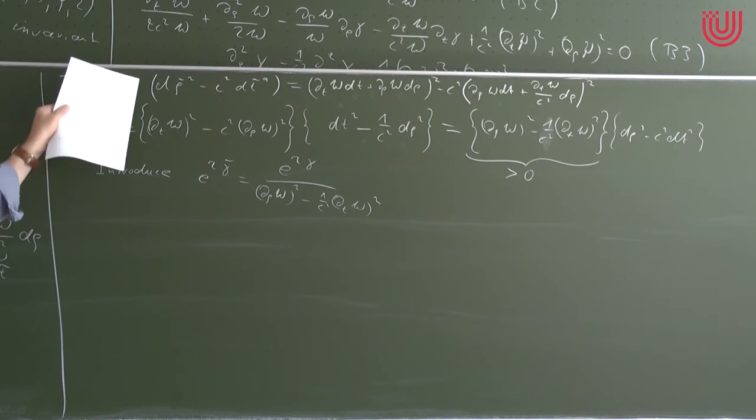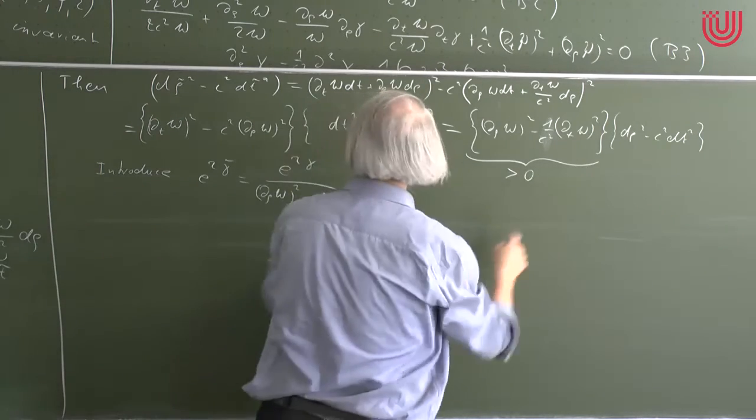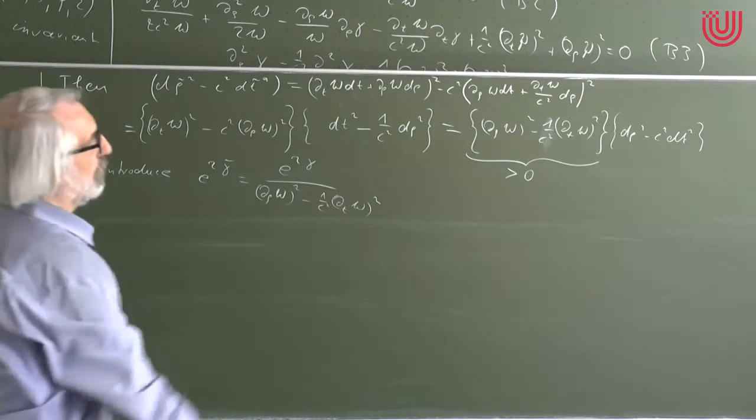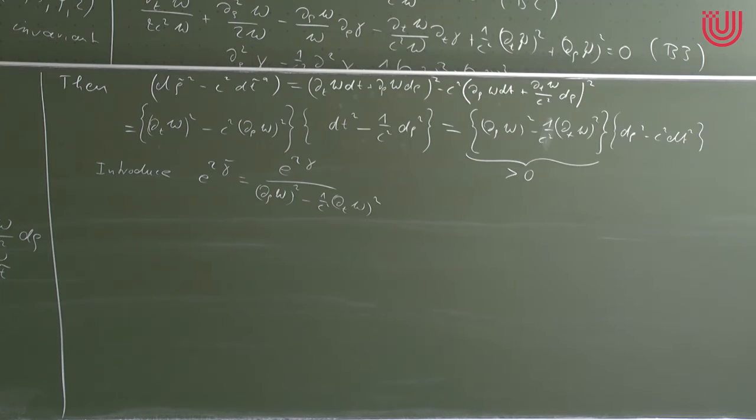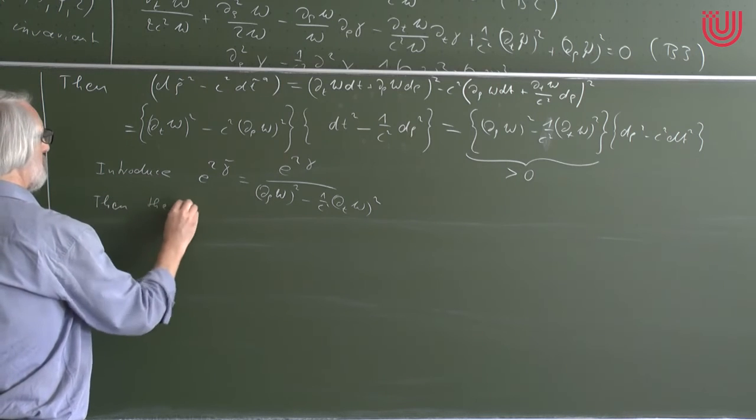So if I multiply these two terms together, then I see that this drops out, and I get just e to the 2 gamma times this term d rho squared minus c squared dt squared, which I have there. So then the metric becomes the following form.